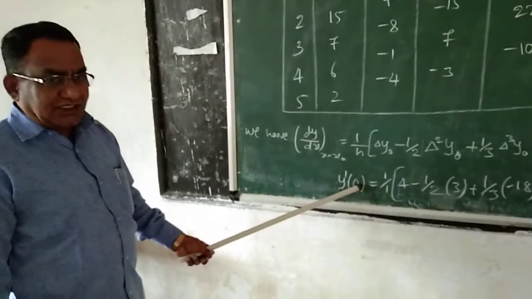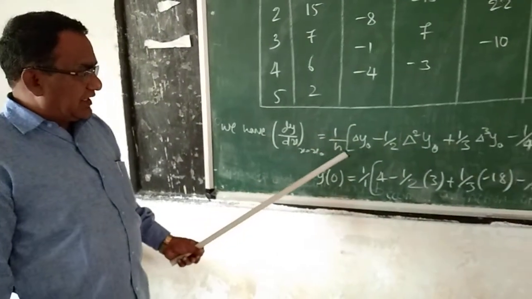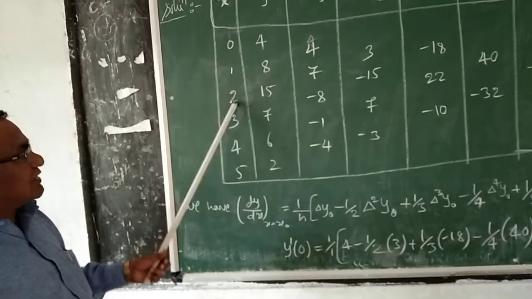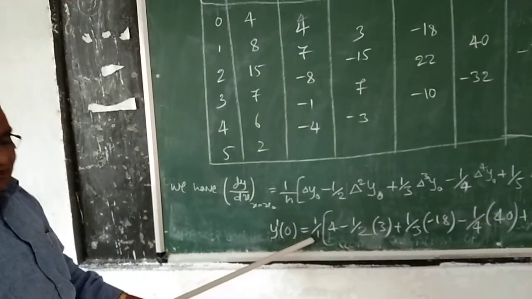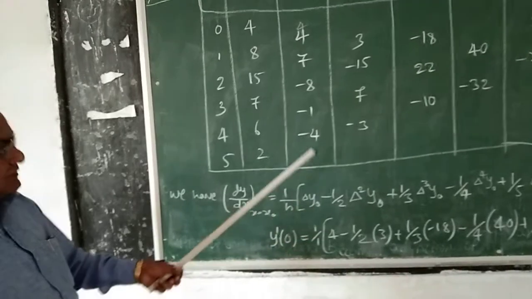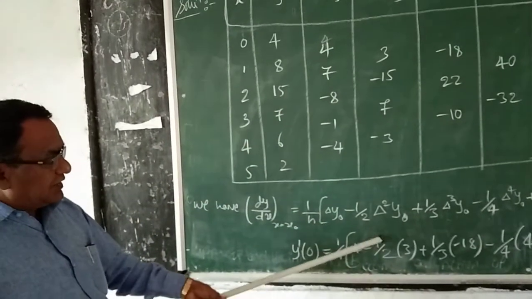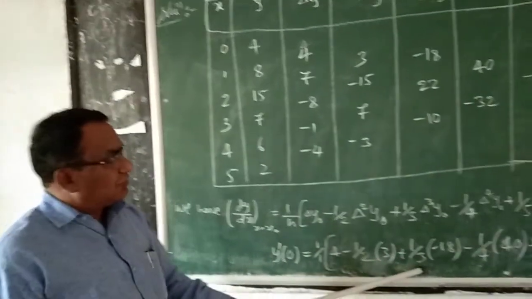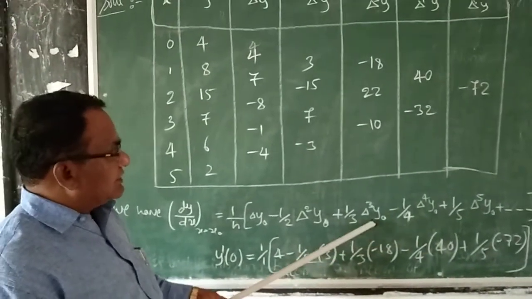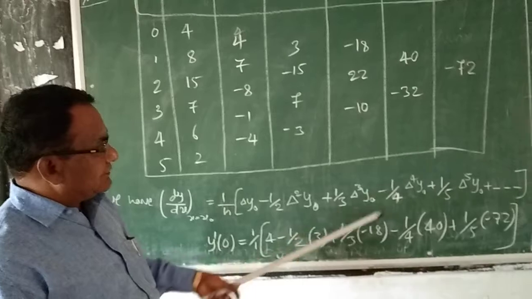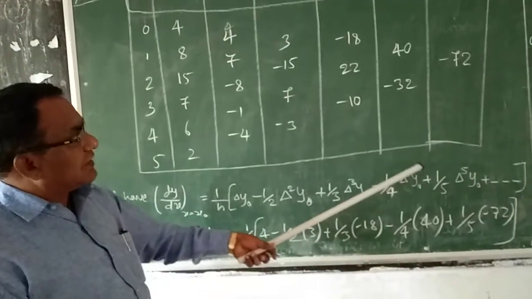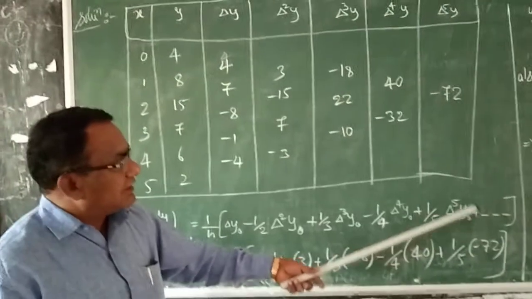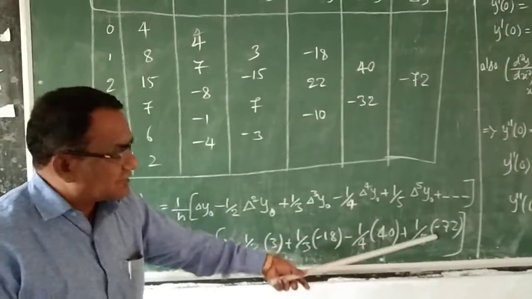Y dash at x equal to 0 is 1 by h, 1 by 1, and the difference 1 minus 0 is 1, 2 minus 1, therefore our h is 1. Delta y naught is 4, minus 1 by 2 into delta squared y naught, 3, plus 1 by 3 into delta cube y naught is minus 8, minus 1 by 4 into delta to the power 4 y naught is 40, plus 1 by 5 into delta to the power 5 y naught is minus 70.